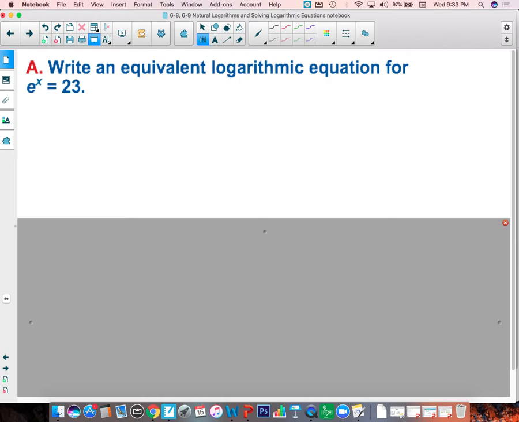Thinking about the way we changed exponential into logarithm before, my base is e. So that means it would be log base e. Then e is my base, 23 is the stuff inside the logarithm, and x is what's on the other side.